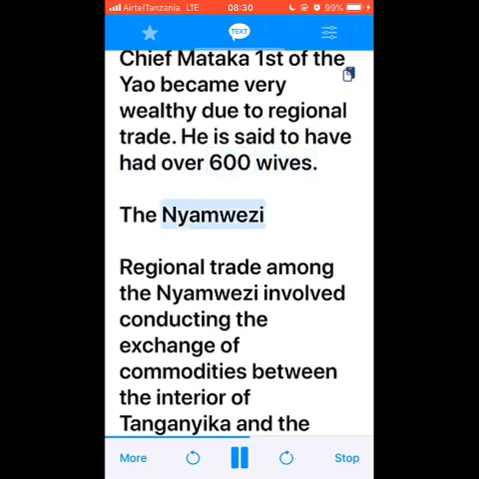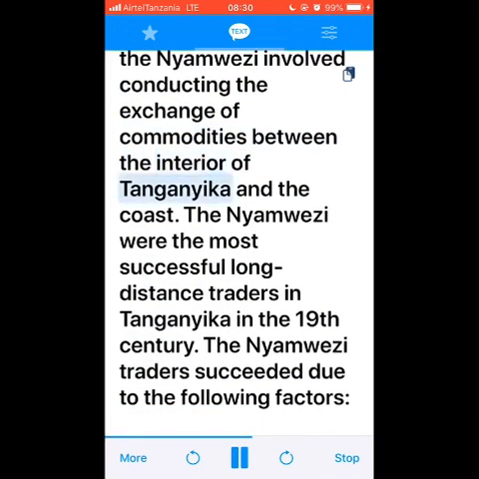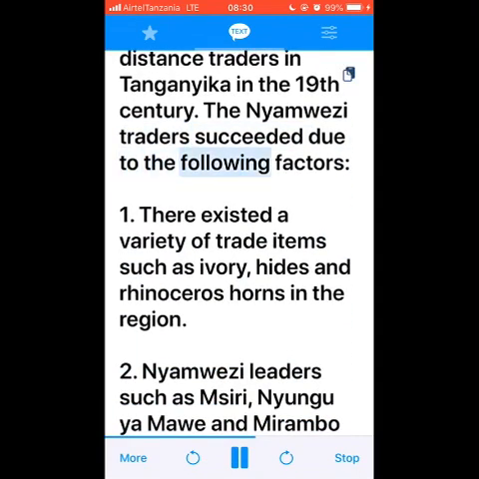The Nyamwezi. Regional trade among the Nyamwezi involved conducting the exchange of commodities between the interior of Tanganyika and the coast. The Nyamwezi were the most successful long-distance traders in Tanganyika in the 19th century. The Nyamwezi traders succeeded due to the following factors. 1.